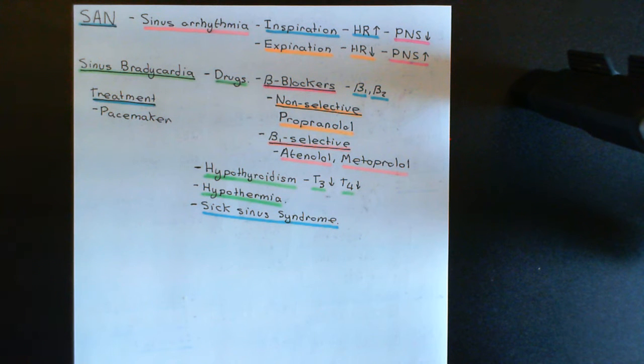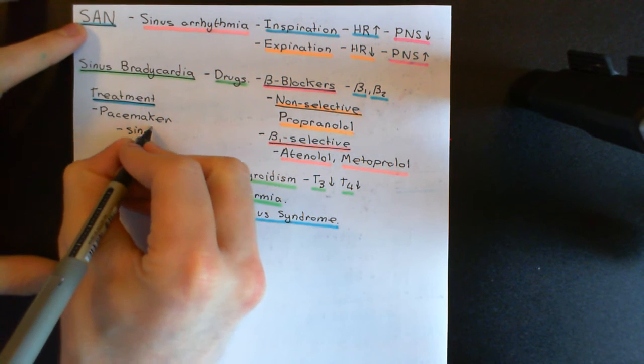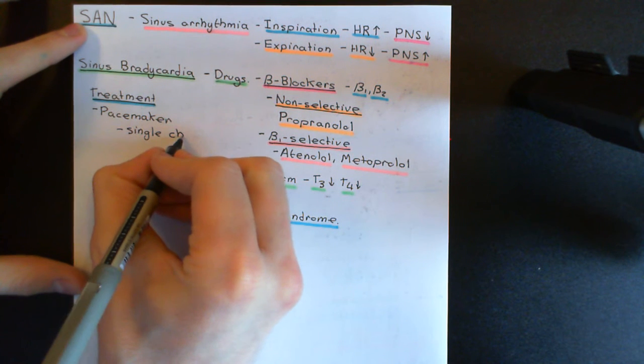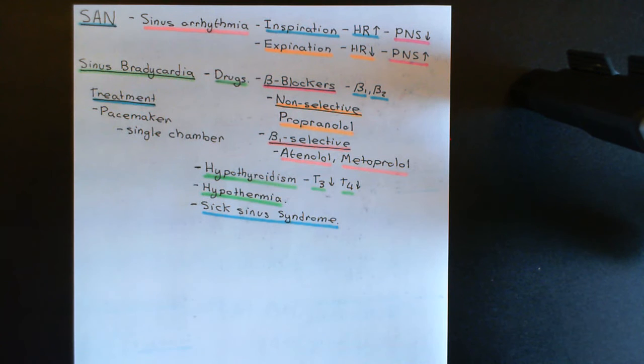Now, pacemakers come in two varieties. You can have single chamber pacemakers and double chamber pacemakers. We'll talk about double chamber pacemakers later. At the moment we're just going to need a single chamber pacemaker because the problem is very simple here. It's just a problem with the sinoatrial node. A single chamber pacemaker, as the name says, is just going to be a pacemaker that's going to affect a single chamber.